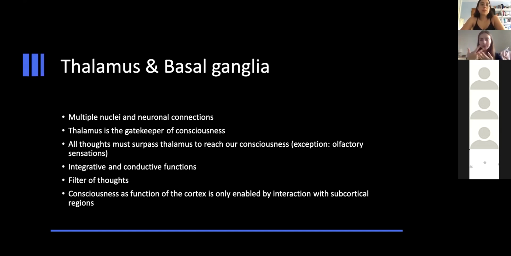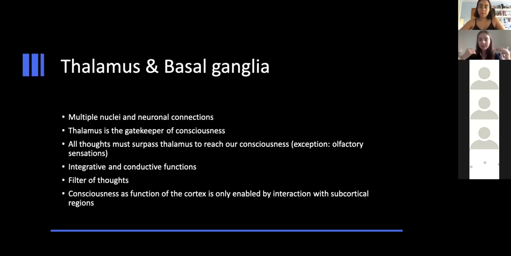So it's neuronal cell bodies, it's processing bodies. And the thalamus is actually a collection of neuronal nuclei, which has become known as the gatekeeper of consciousness.